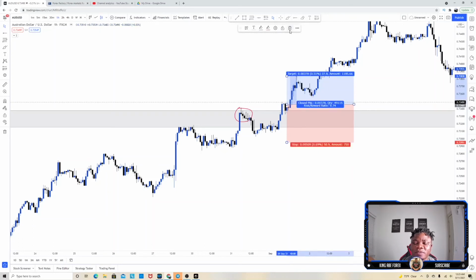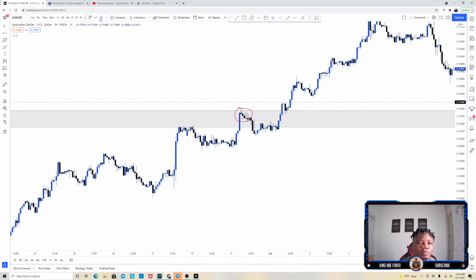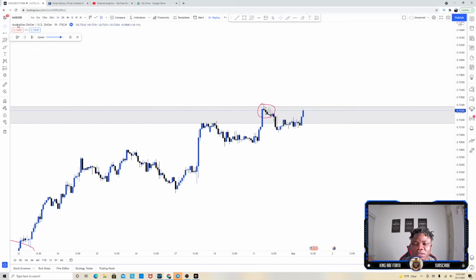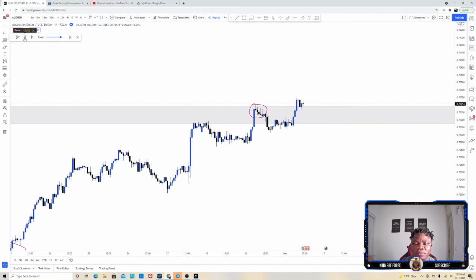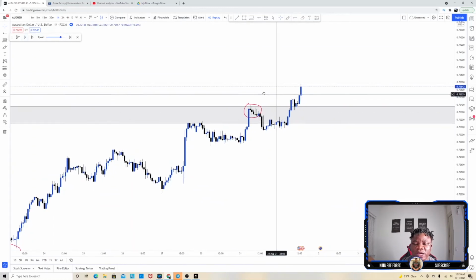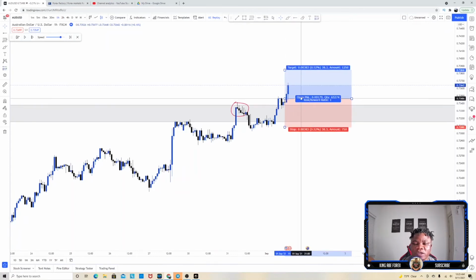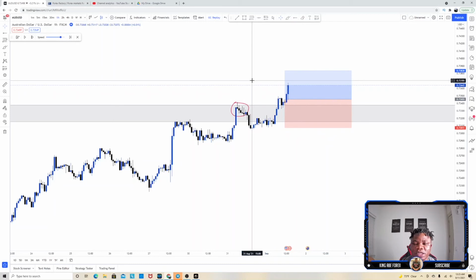Actually, before I do that, let's put this in replay mode and see where our entry would have been. So let's just start from right here. We would have had our entry right over here, at this bullish engulfing candle.